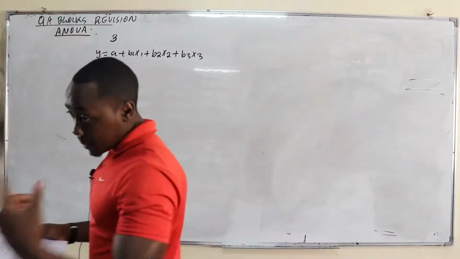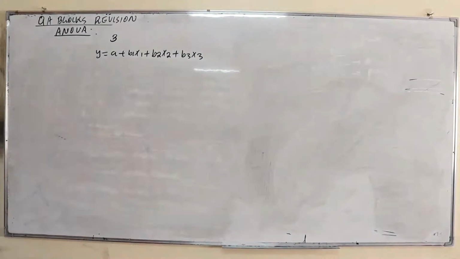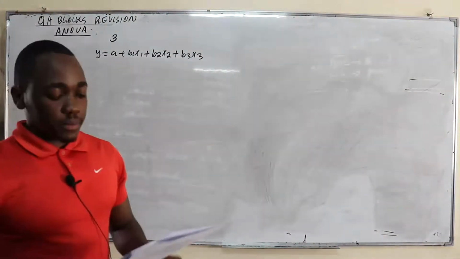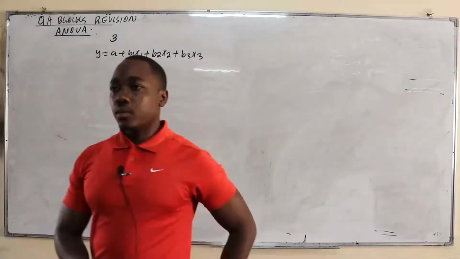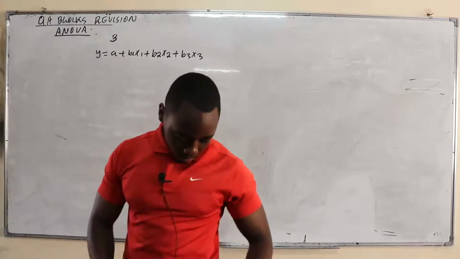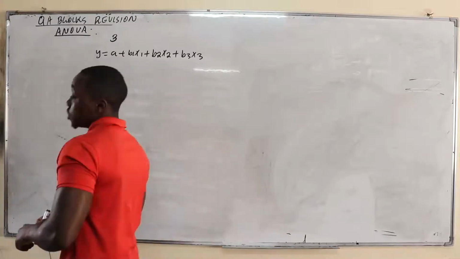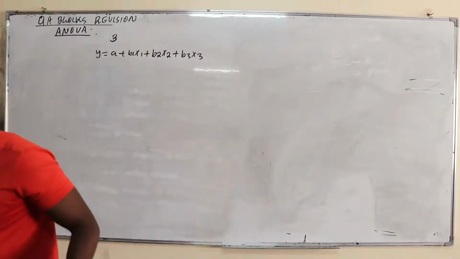If you have the past paper, you can open that question. In case you don't have that past paper, go to page 6. I have that question typed there: June 2013 question 3.